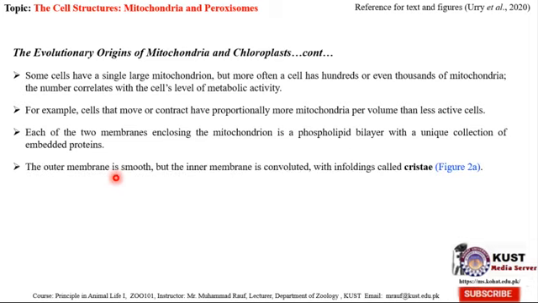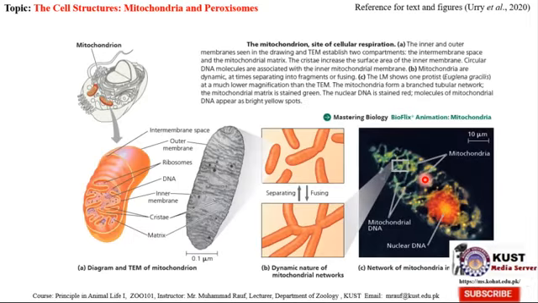The outer membrane is smoother, but the inner membrane is convoluted and has several enfoldings which are called cristae, and these enfoldings are to increase the surface area for different reactions.